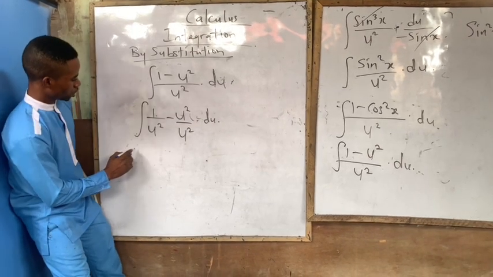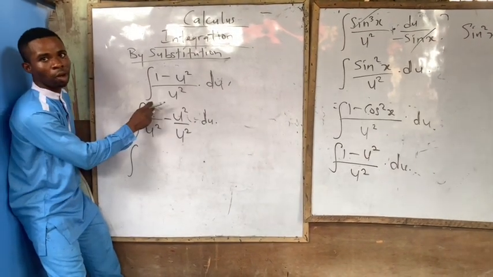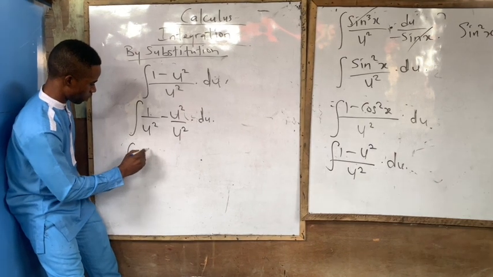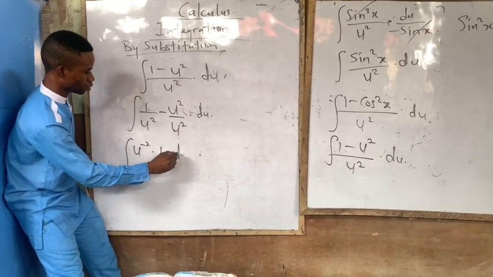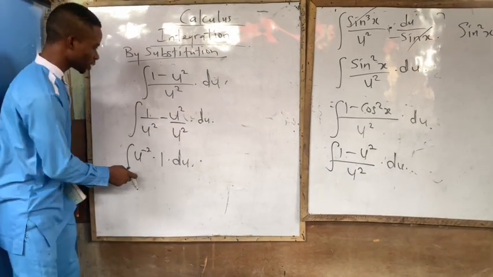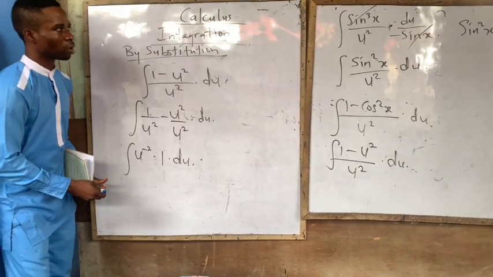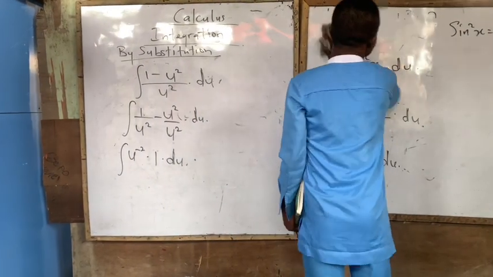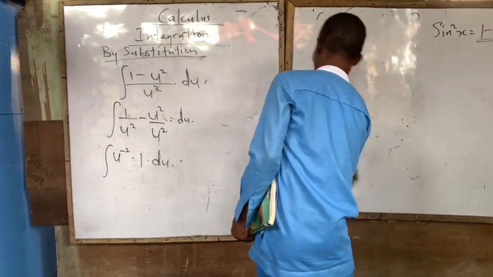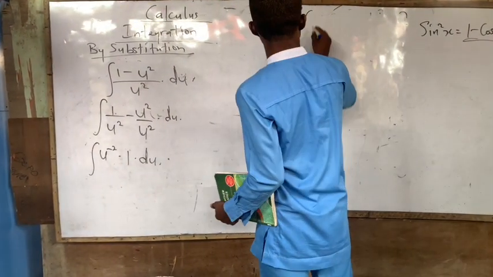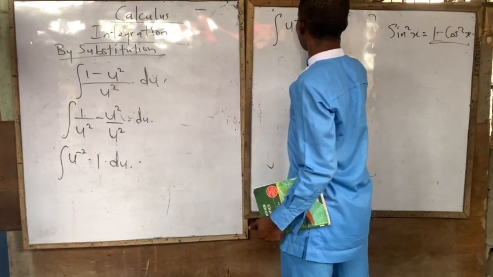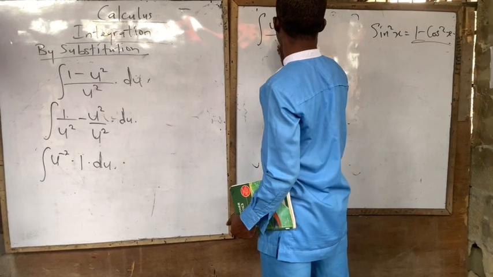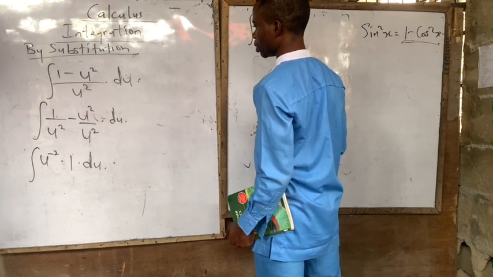So that means, if I bring this one up, according to the law of indices, u raised to power minus 2, and this one is 1, du. That means I will integrate this and I will integrate the 1. How will I do that? If I integrate u raised to power minus 2, that will be u raised to power minus 2 plus 1 all over minus 2 plus 1.